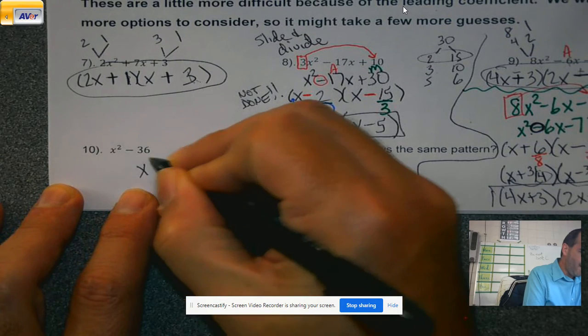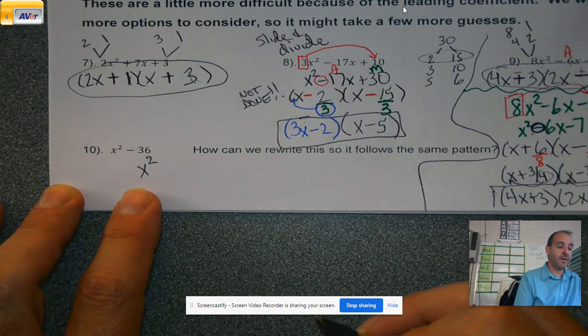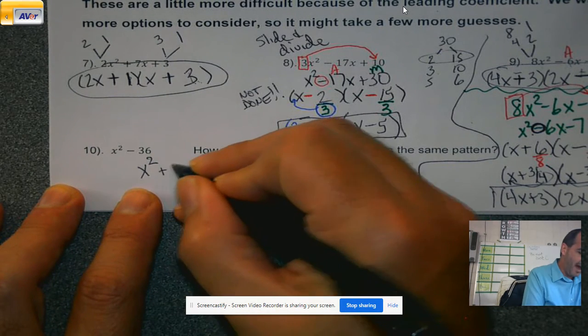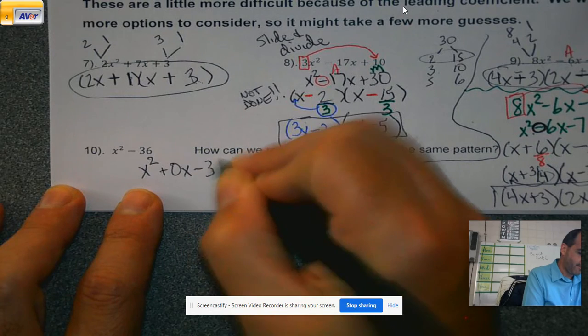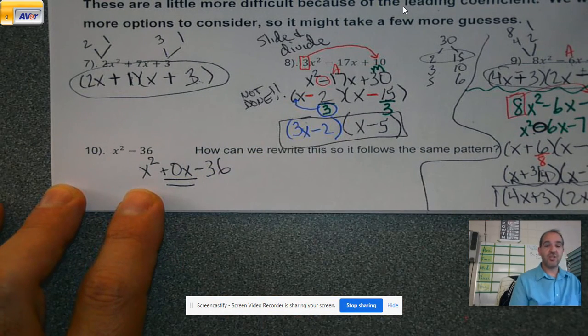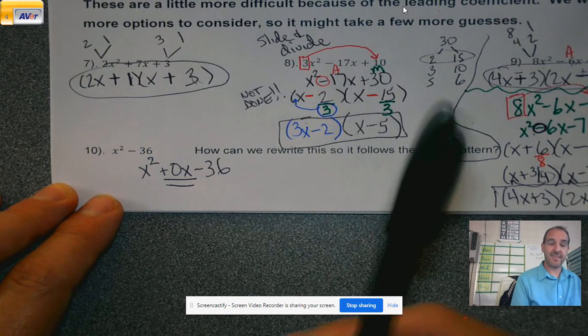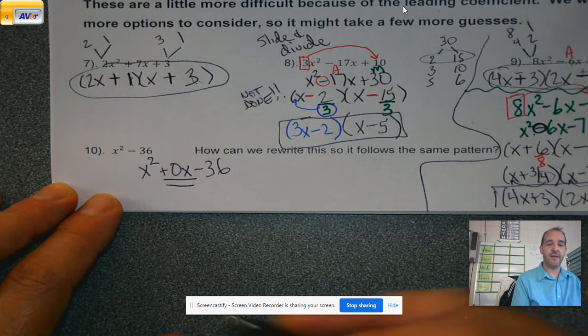If you ever want to keep doing a pattern where you're working on the diamond method, like we did in 4 through 6, you always have the option, if it's just 2 terms, of putting a 0 term in the middle. This is going to get introduced fairly early in the next video.